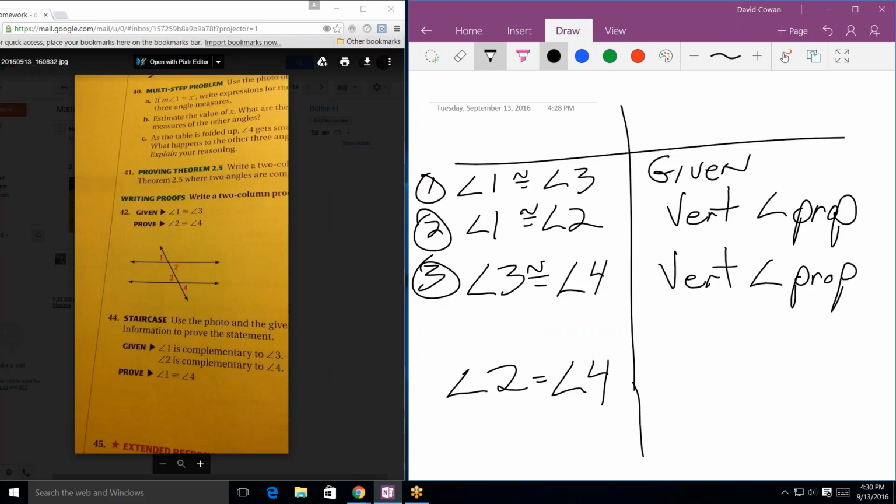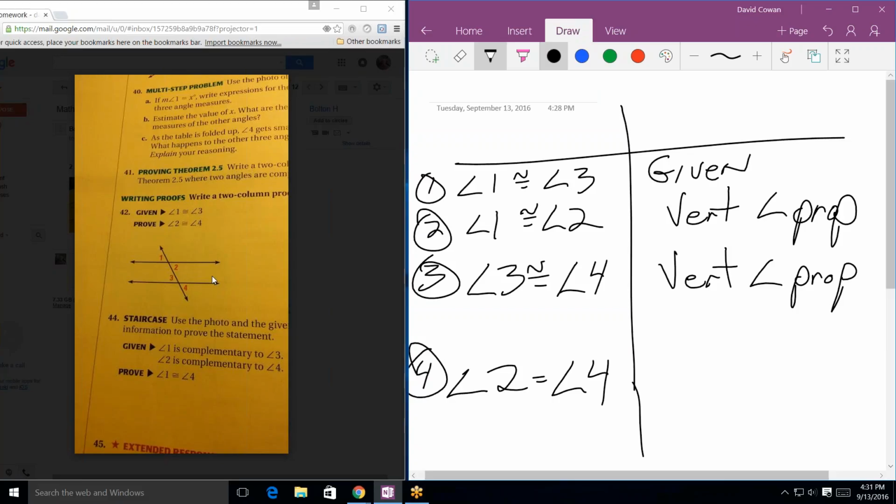We'll leave that discussion for a later day. Congruent's fine. They want you to use the word congruent for sure. So what's the next line? Substitution. We need to do substitution.